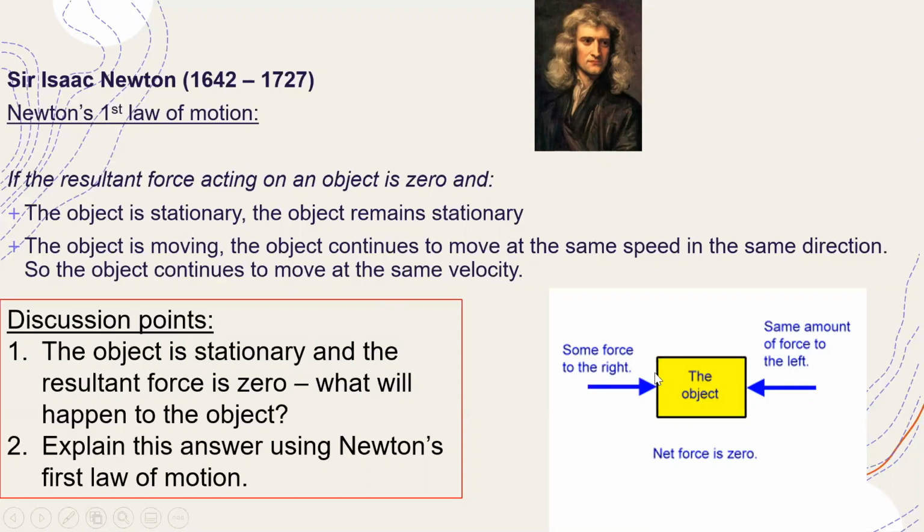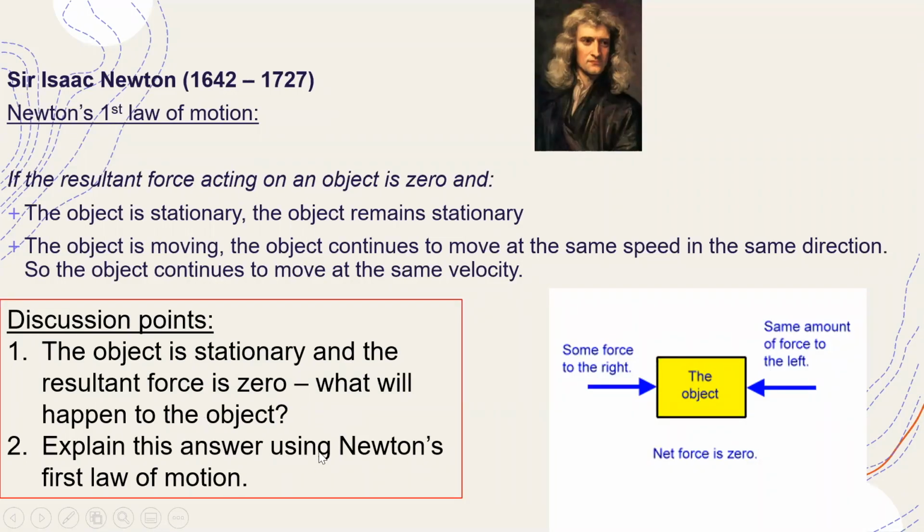So you've got some force to the right, and the same amount of force to the left. If one's pushing one way and it's the same amount of pushing the other way, the net force, the overall force, is zero. So if the object is stationary and the resultant force is zero, what happens to the object? It will remain stationary, it will just stay sitting there.